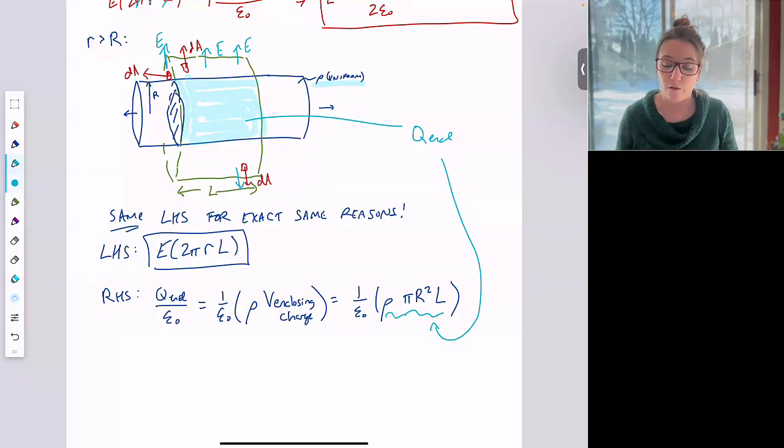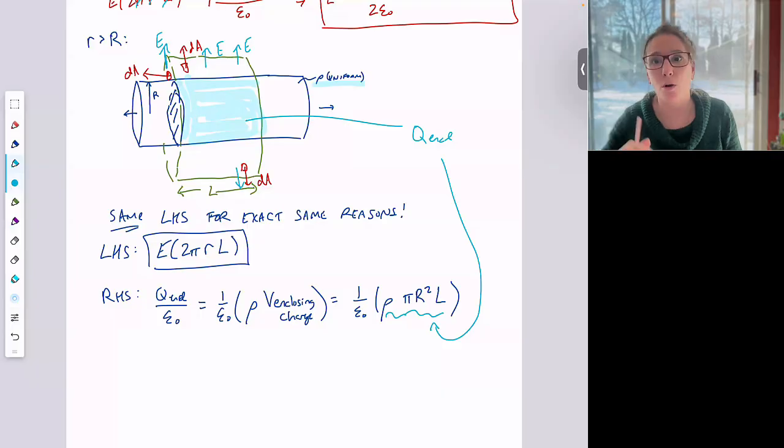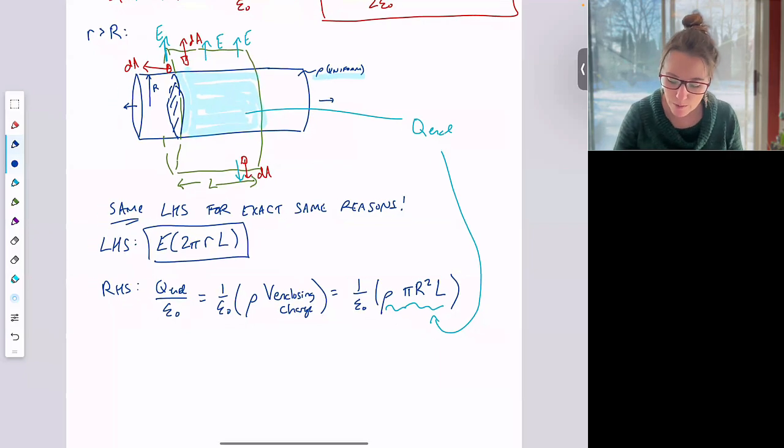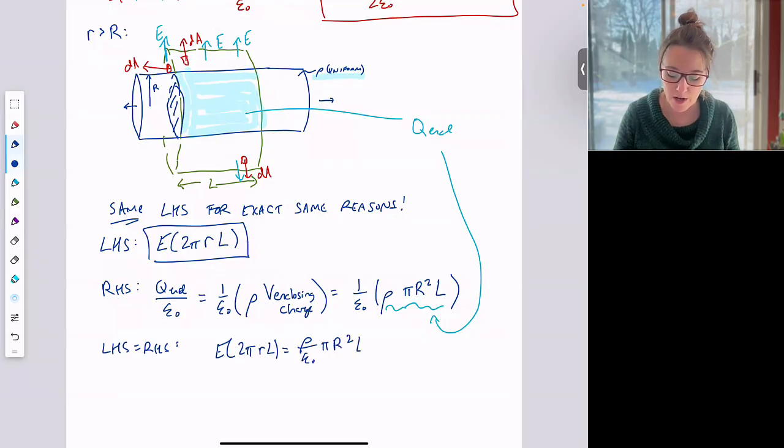It has the volume of the entire cylinder, but it doesn't have little r because I don't have charge all the way out to my Gaussian cylinder. So now I'm going to put this together and I can say left-hand side equals right-hand side. I get E times 2 pi little r L equals rho over epsilon naught pi capital R squared L.